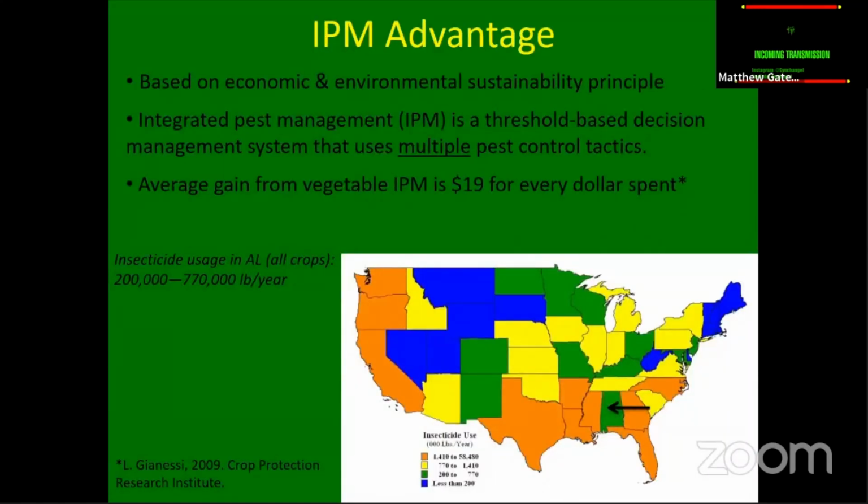And then I have a very basic graphic here from the Crop Protection Research Institute that showed that integrated pest management, at least in vegetable crops, is really great. You get about $19 for every $1 that's spent on it. As far as cannabis is concerned, I would say you probably get quite a bit more money per dollar of investment.